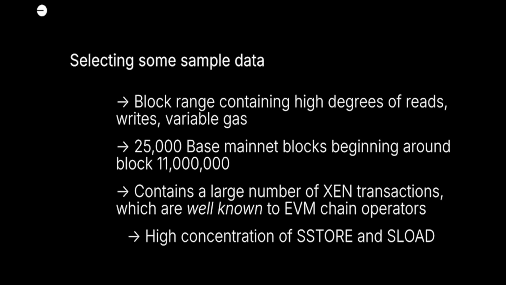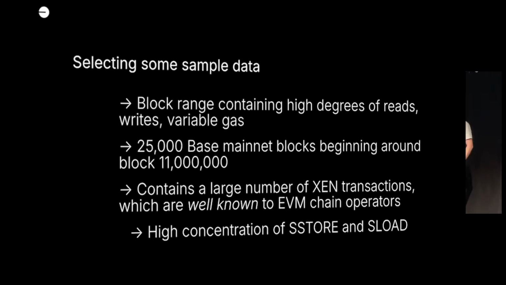Now the other important part here is to look at the actual sample data. So we wanted to find block ranges that have a wide range of access patterns, specifically those which are very disk and storage intensive. We settled on a 25,000 block range on Base mainnet, starting roughly around the 11 million point. And this notably contains a very high concentration of Zora transactions.